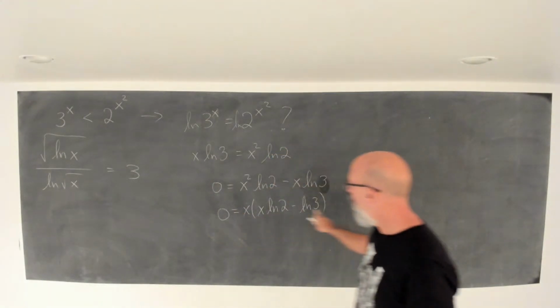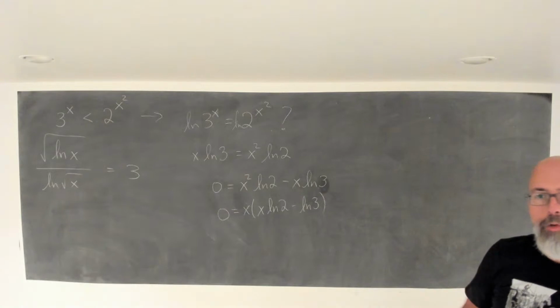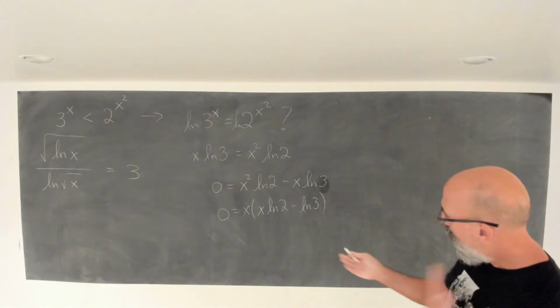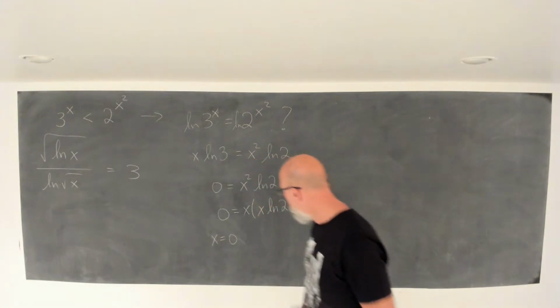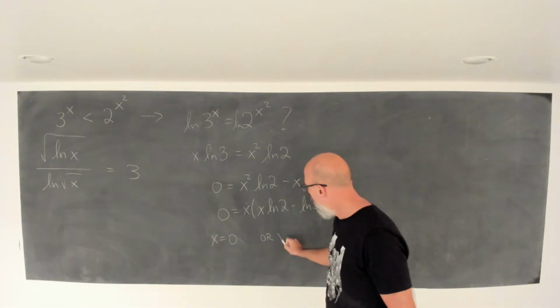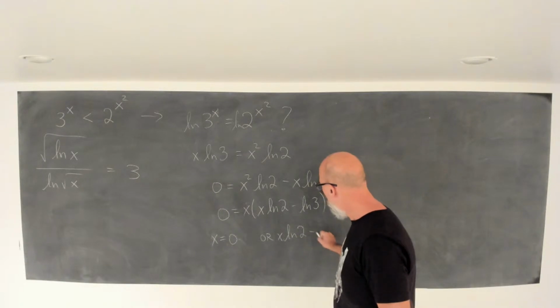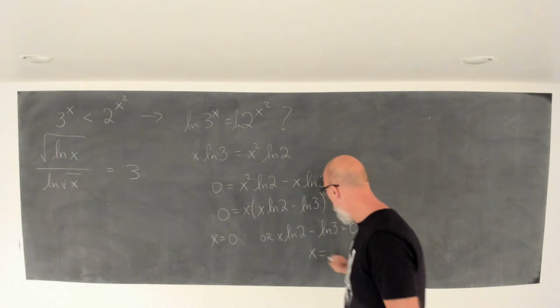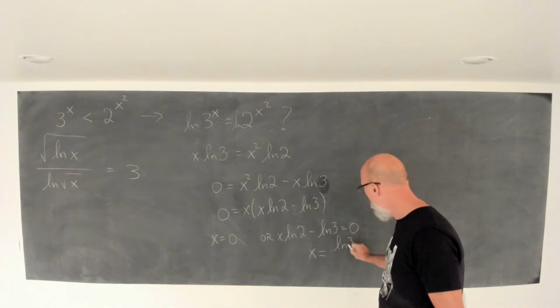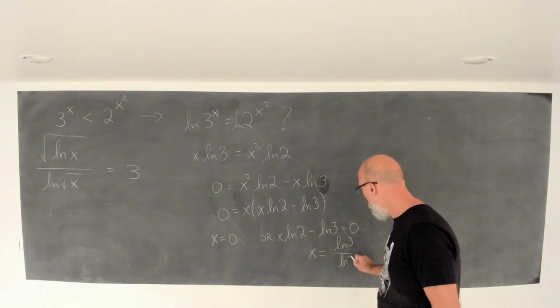And now we have a product equal to 0. And as you know, the only way that can happen is if one of the factors was 0. So either x is equal to 0 or x ln 2 minus ln 3 is equal to 0. And this occurs when x is ln 3 over ln 2.